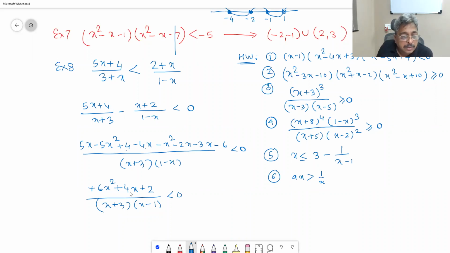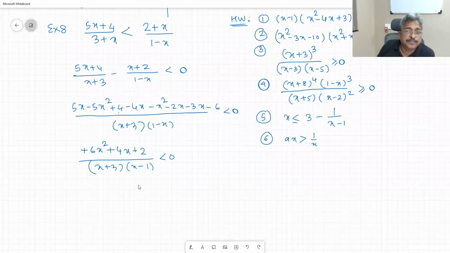I can remove 2 and I have to check whether it gets factorized.